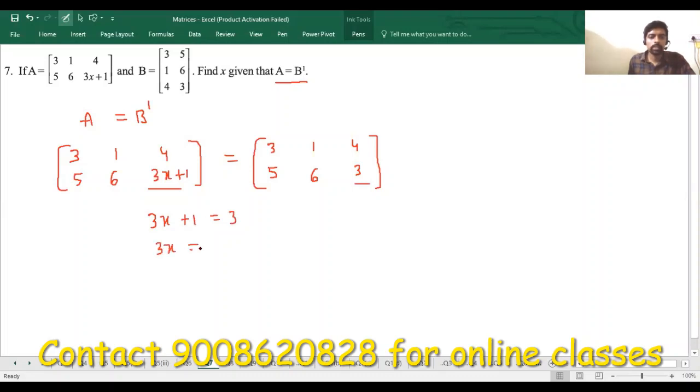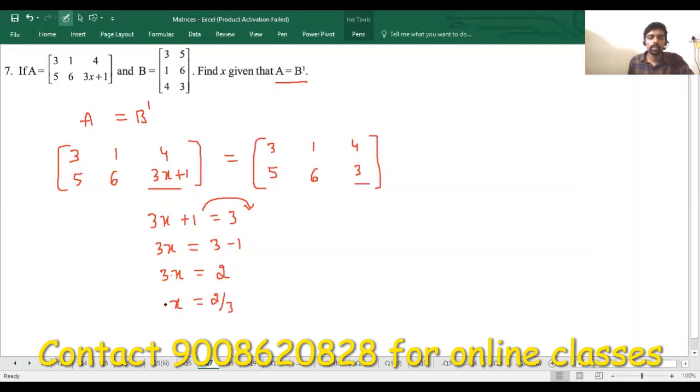3x equals plus 1. Please help me. If you shift this to the other side, what will you get? Minus 1, correct? So that's 3 minus 1. So 3x equals 3 minus 1, which is 2. And x equals, this is into 3. If you shift into to the other side, you will get division, correct?